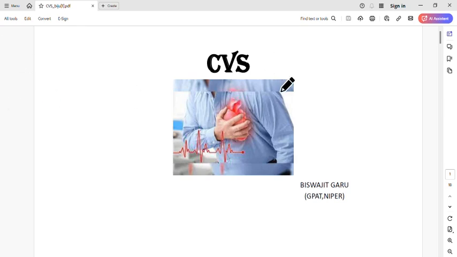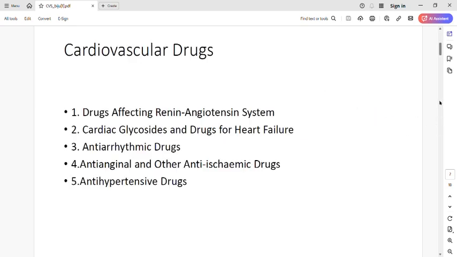Before understanding the drugs for the cardiovascular system, we first need to understand the pathology of heart failure.